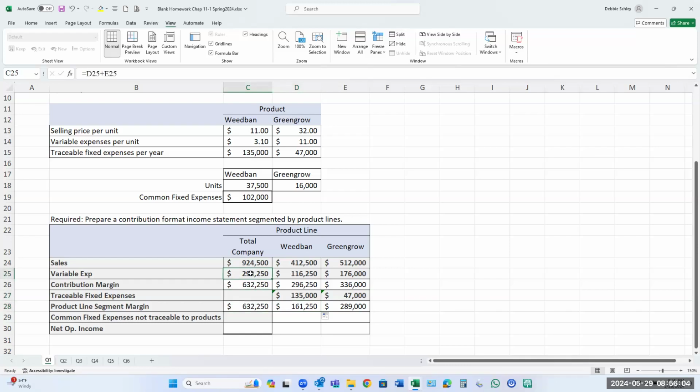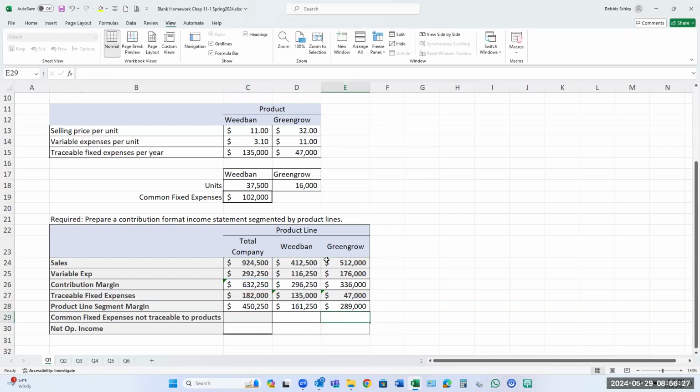If I copy this formula and paste it here, it's going to shift those cells down in relation to where I have the formula. So those two added together equal the total traceable fixed for the company. Then again, contribution margin minus traceable equals the product line segment margin.